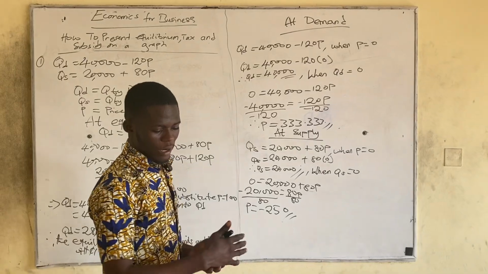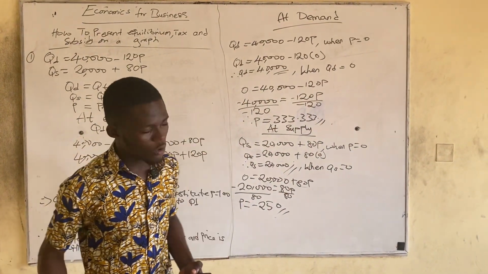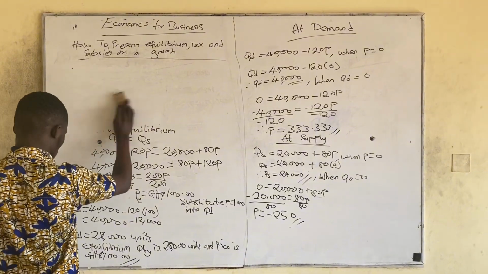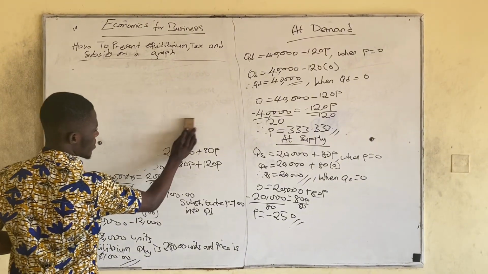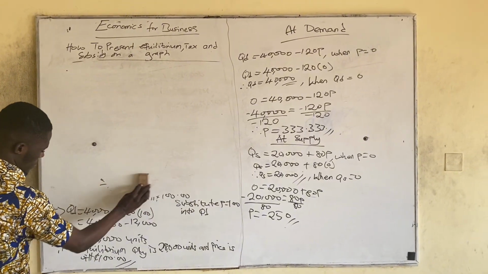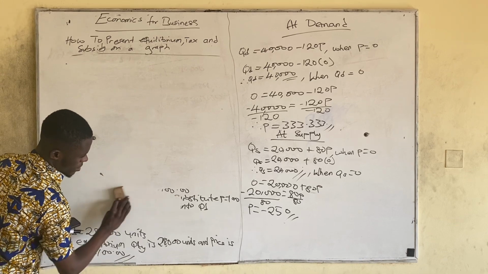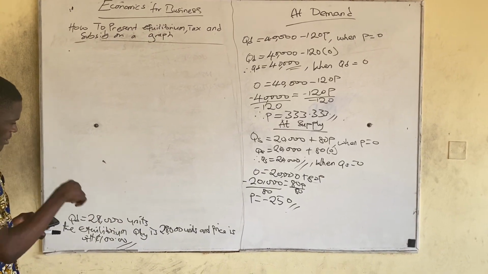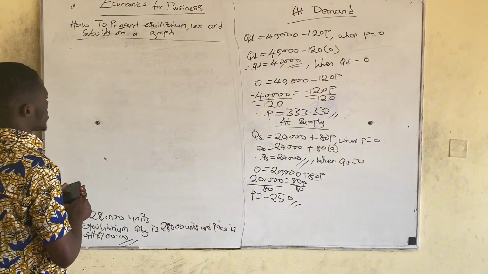So let's draw the graph and see how it will look. I'll clean this one off, and I will leave this so that we can refer to our equilibrium quantity and the price.